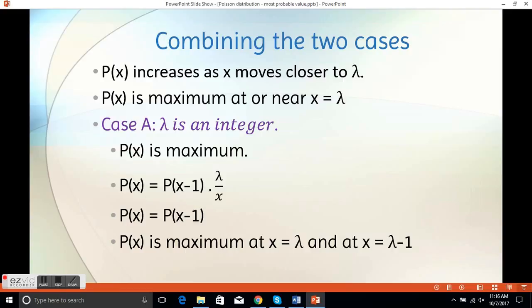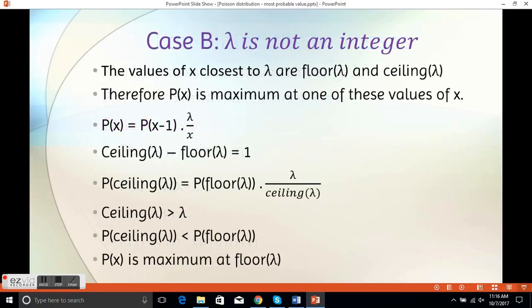What if lambda is not an integer? Now if lambda is not an integer, then we know that probability will be maximum at the integer closest to lambda, because we found that when x moves closer to lambda, probability is increasing, and we know that x can take only integer values. Now what are the closest possible integers to lambda?